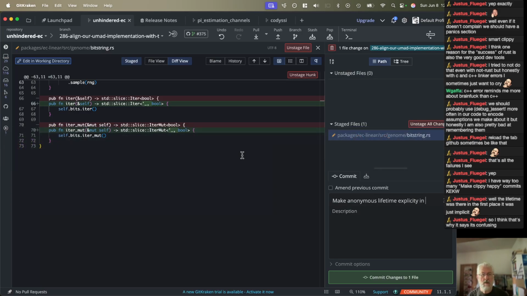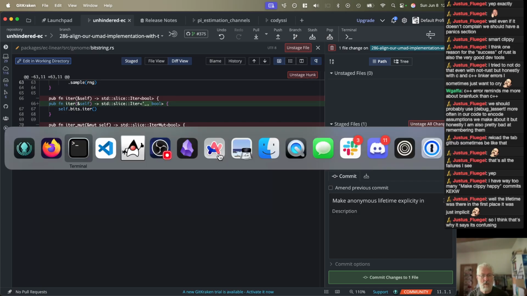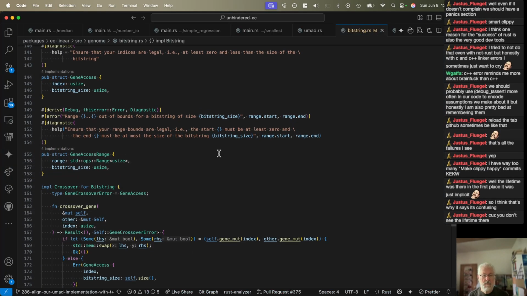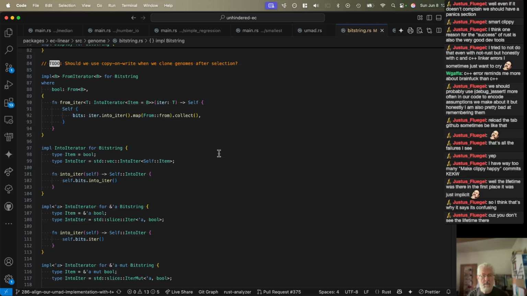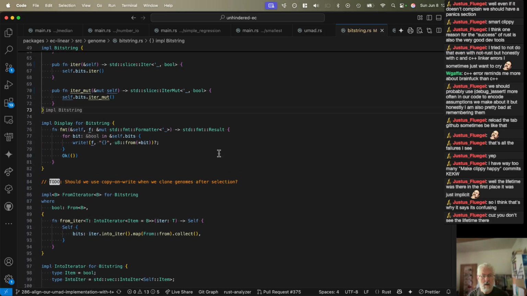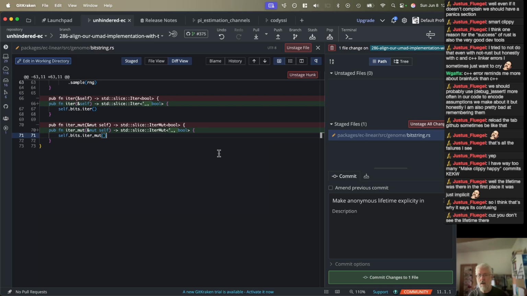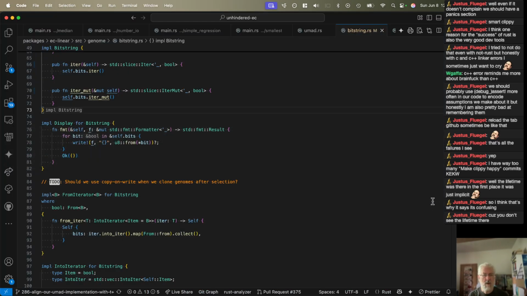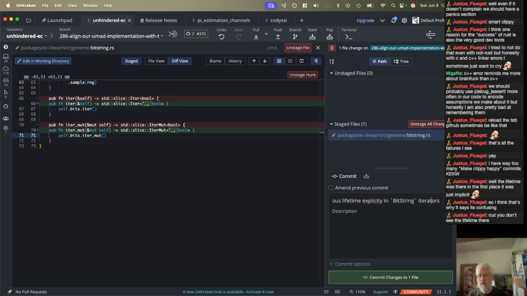Oops, what do I want? No, I wanted to be here. This is in bitstring, right? Yes. In bitstring iterators. Actually, is it bitstring? No, it's a little s.